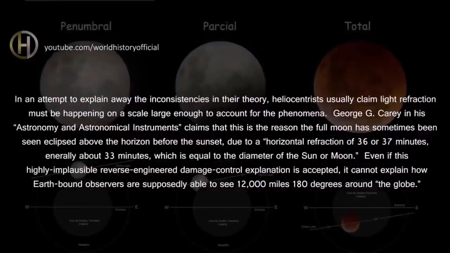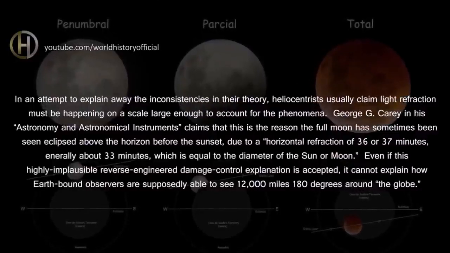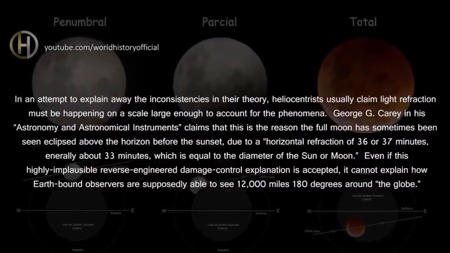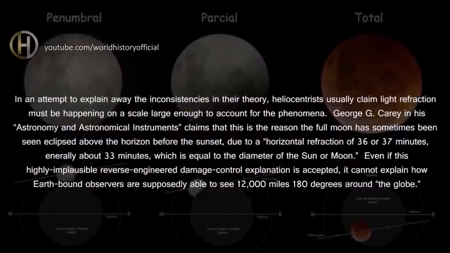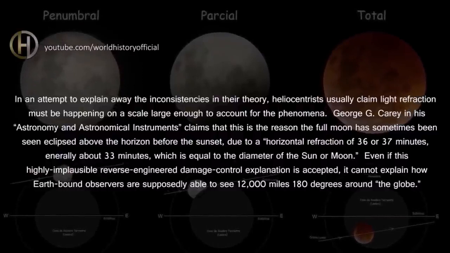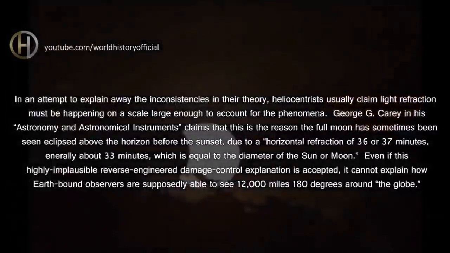Even if this highly implausible reverse-engineered damage control explanation is accepted, it cannot explain how Earth-bound observers are supposedly able to see 12,000 miles 180 degrees around the globe.